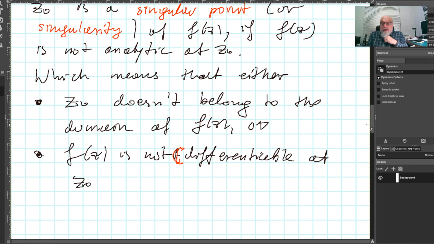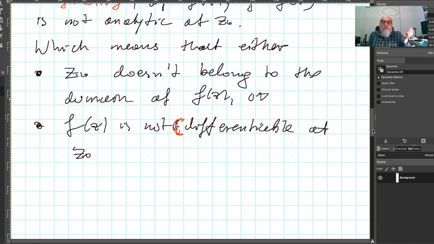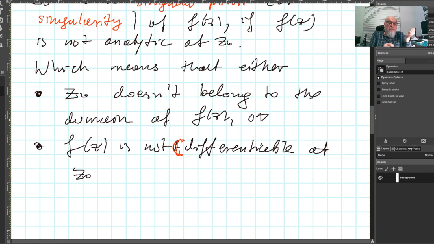This is basically the important part, because we will be interested in the so-called isolated singular point. So let me put another definition.